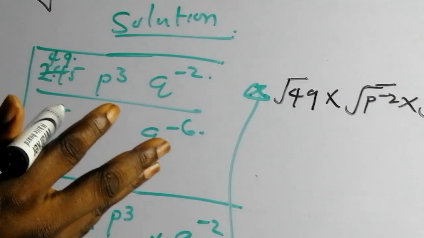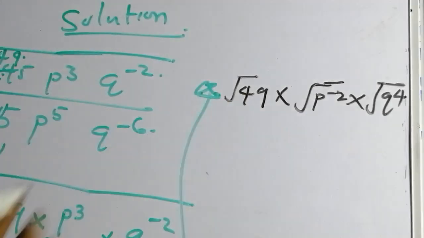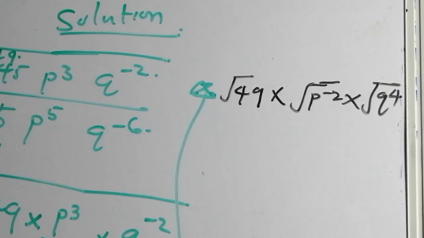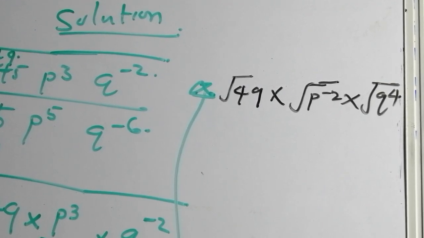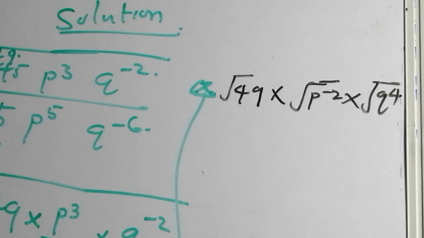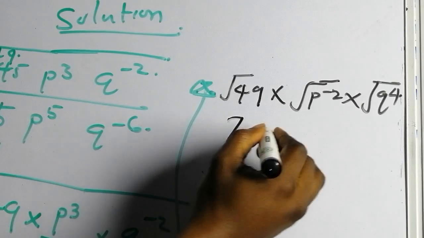So 49 is a perfect square: 7 times 7 is 49. 7 times 5 is 35, add another 7 that makes 42, add another 7 and that's 49. So 7 times 7 is 49, a perfect square.